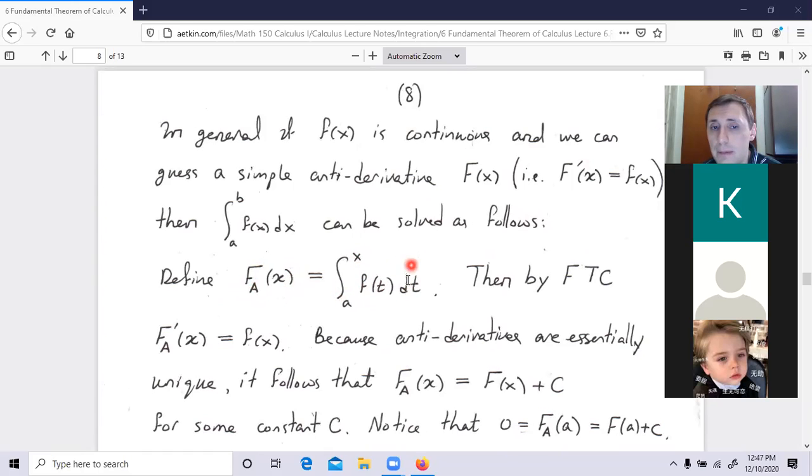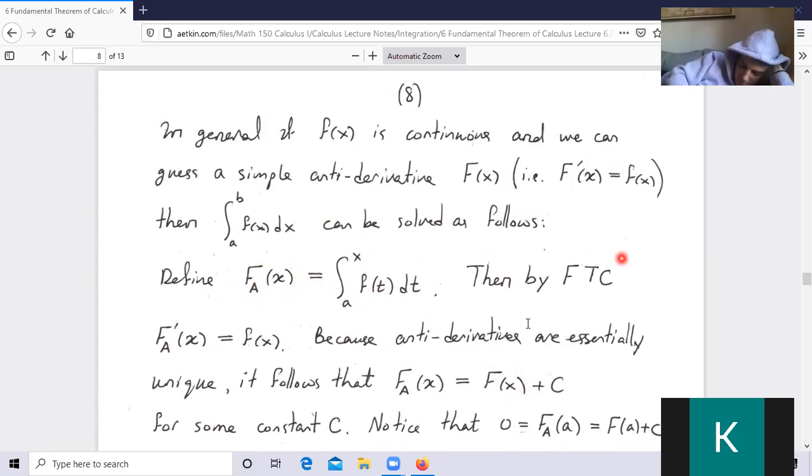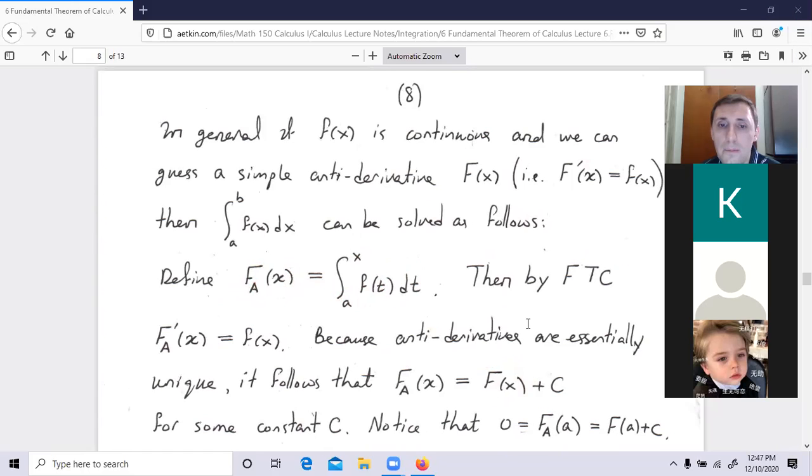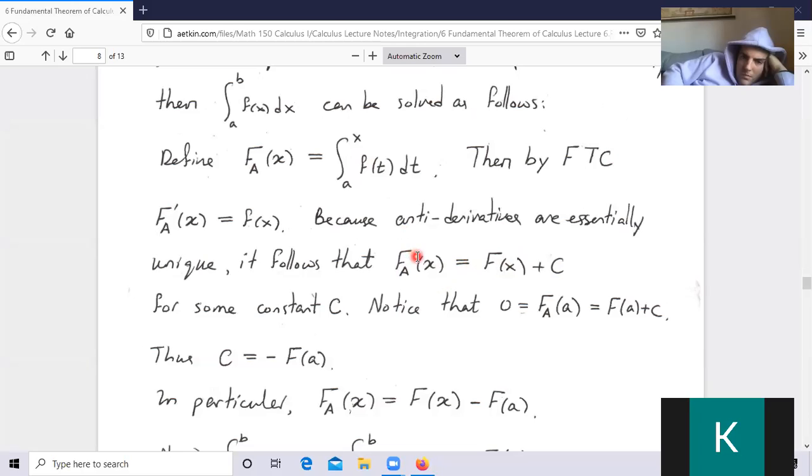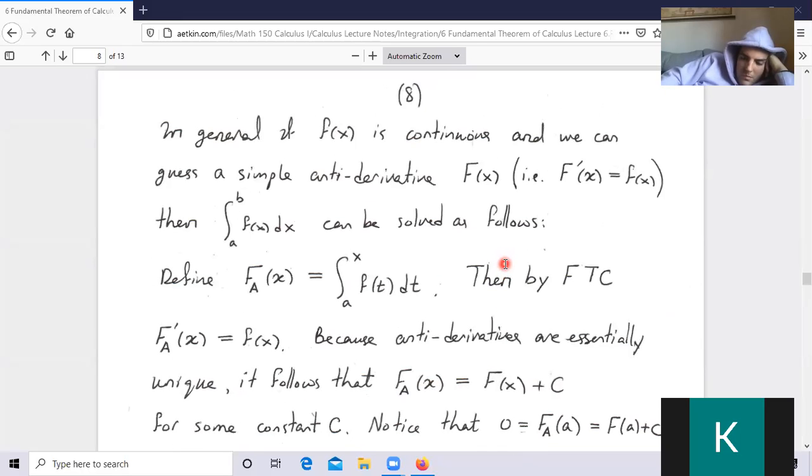Now suppose I'm able to guess some antiderivative that's more convenient for me to use. Because by the fundamental theorem of calculus, the derivative of capital F sub A is also little f of x, then I know that the relationship between my guess and the actual function I must use is that my actual function is the one I guess plus a constant.